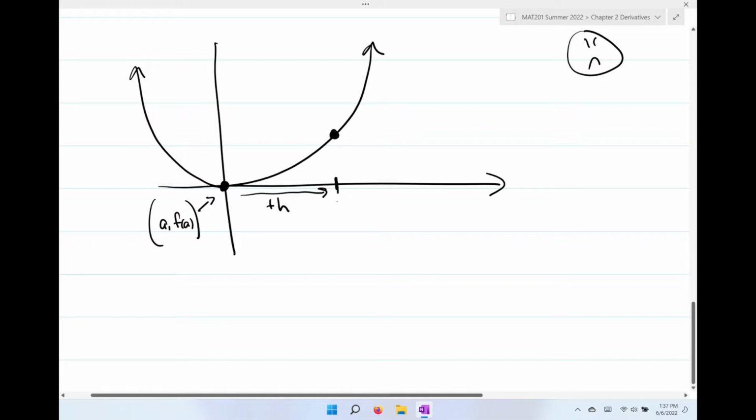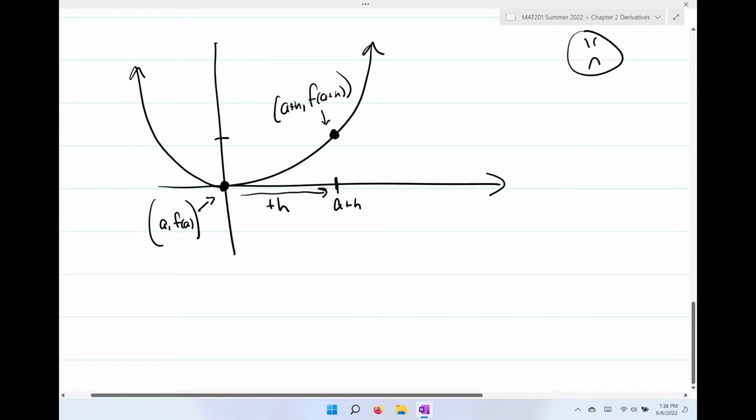So this x value is a plus h. In other words, it's a plus a little bit more distance, which means this y value is going to be, let me just write the point now, a plus h comma f of a plus h. So that's that point right there.